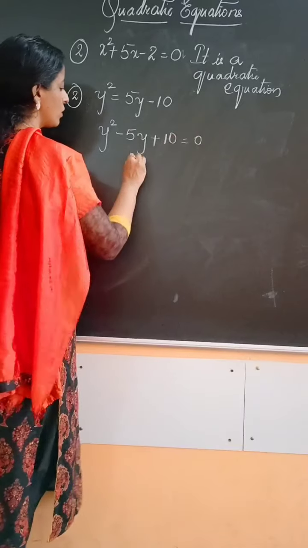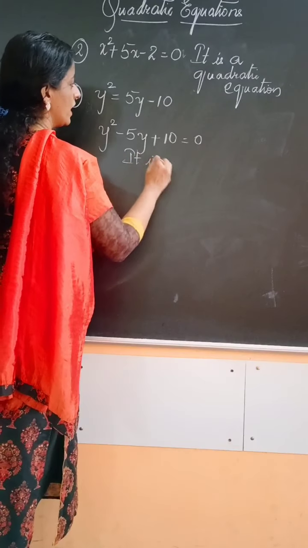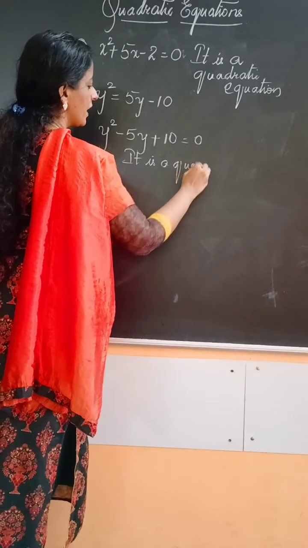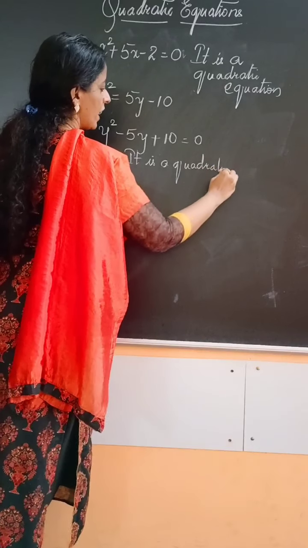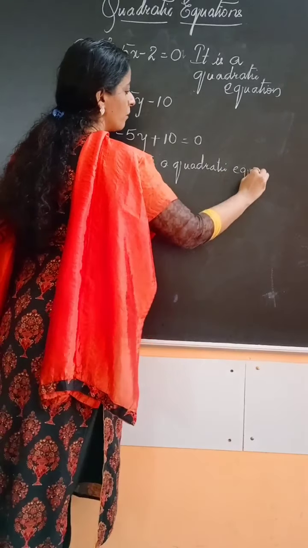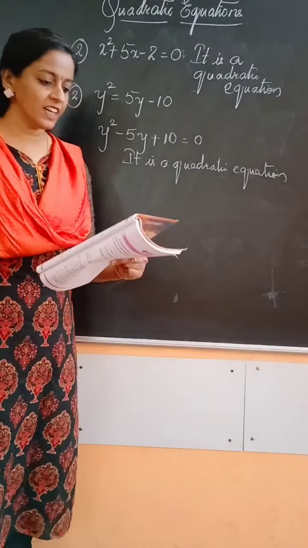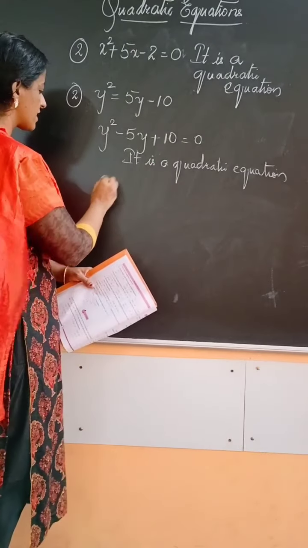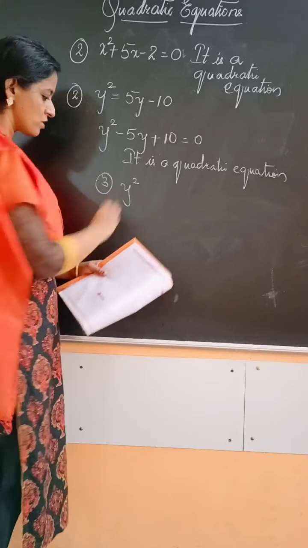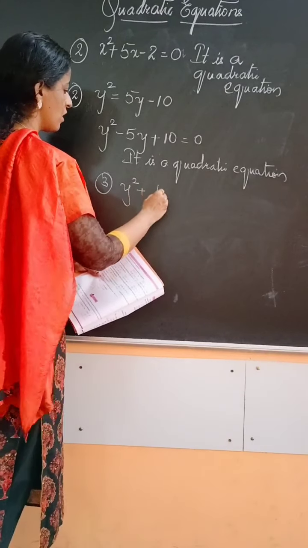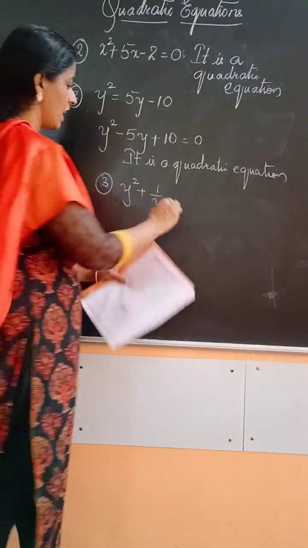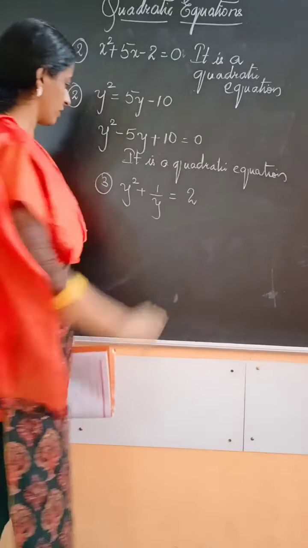So this is also a quadratic equation. Write down, both these are quadratic equations. Now let's take the third example: y square plus 1 upon y equal to 2.